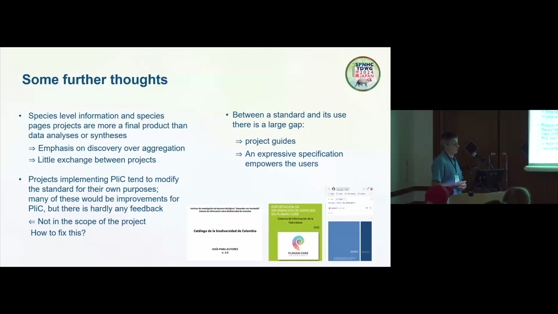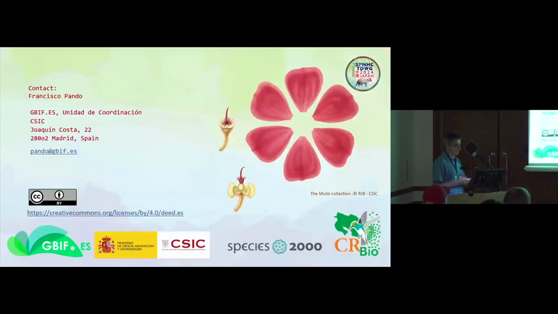Then all of these projects do their own developments, and some of them could be used to improve the standard, but the feedback doesn't occur. And third, there is quite a space between the data specification and using it. In that aspect, these projects also develop their own guides on how to use PLIANCORE. And with this, I finish my presentation, and I hope I have time for questions. Thank you.